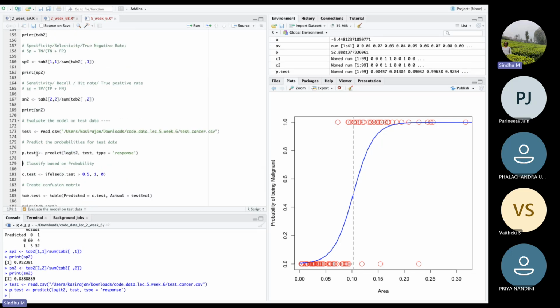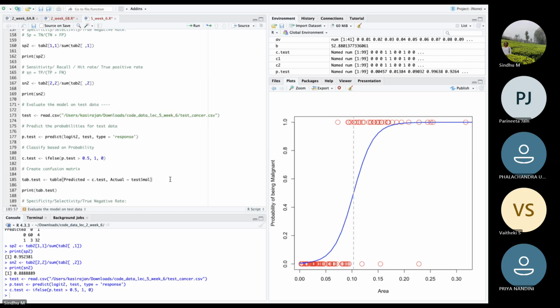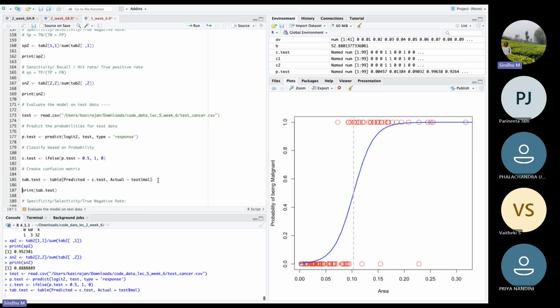When we predict it, we will get the probability value. Then we have to set a cutoff, and we are making a confusion matrix again to check how well our trained model is performing on the test dataset.